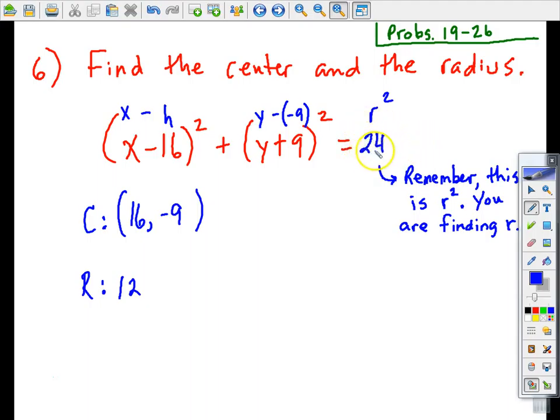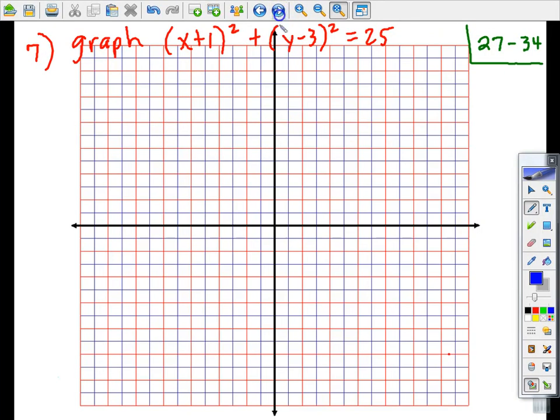So what I want you to do in cases like this is don't give me the calculator decimal form of the square root of 24. I want you to give me the simplified radical form of the square root of 24. So when you say what the radius is, if this were your problem, you would say 2 times the square root of 6. Okay, so just keep that in mind. I believe it only comes up one time in the assignment for the problems that you have to do.